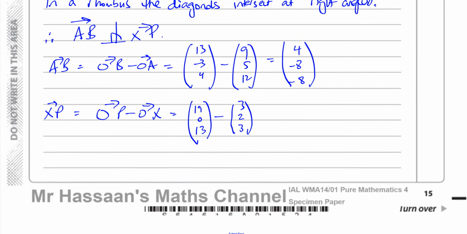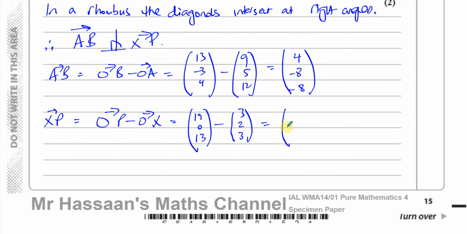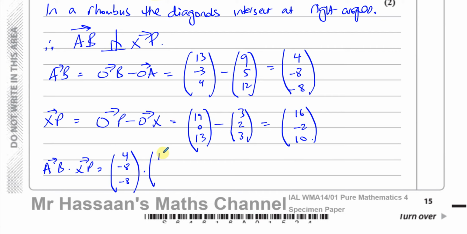And the vector from X to P is going to be 19 minus 3, which is 16, 0 minus 2, which is minus 2, and 13 minus 3, which is 10. So we can do the dot product of A to B times X to P, given by (4, minus 8, minus 8) dot (16, minus 2, 10).